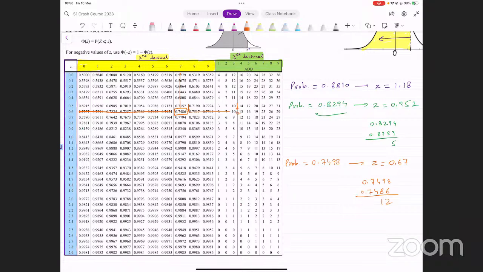Now what you do in this case is, if you can't find the exact value for the third decimal place here, you see which value 12 is closer to. 12 is closer to 13. So you choose the value that corresponds to 13. If you have to choose between 10 and 13, 12 is closer to 13 as compared to 10. So that's why you choose 13.